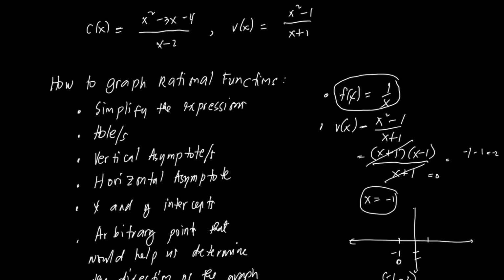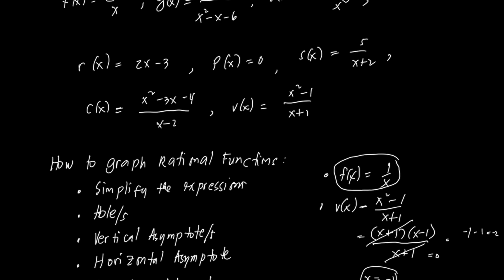A vertical asymptote is a vertical line where the graph approaches it but does not touch it, never crosses it. So that's a vertical asymptote. For example, in this first example, our vertical asymptote is the y-axis itself, because when x is 0, that is undefined.